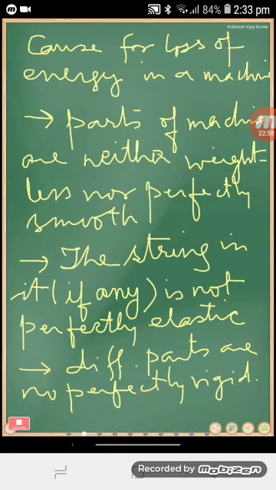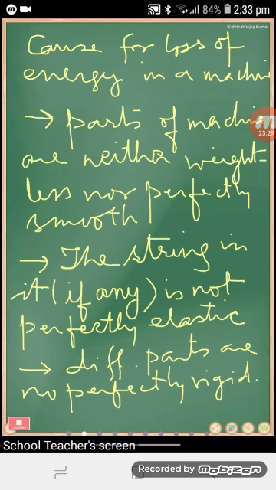Even in the case of metal parts, you will find that they have to be changed after a certain period of time, because the shape is not maintained, which means that their shape is continuously changing, which means that they are not perfectly elastic. With the usage of the machine, some part of the work which you are doing as an input is utilized to overcome this frictional force.